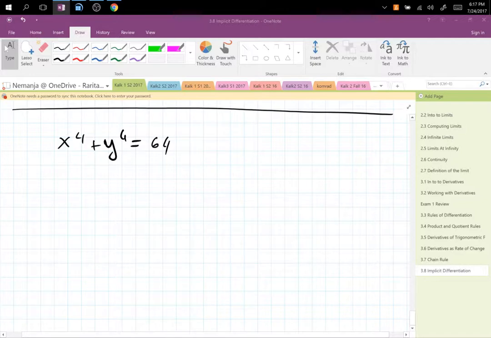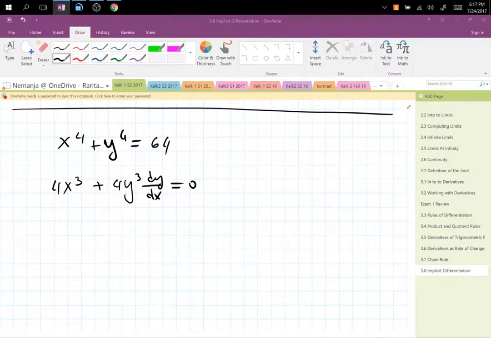Okay, so we are looking for the second derivative, which means that we have to find the first derivative first, which would be 4x cubed plus 4y cubed dy/dx equals 0. Now, there is a trade-off here.